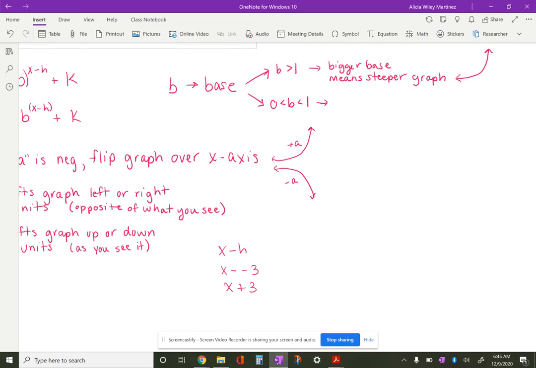So a smaller fraction base means it's going to be steeper. But what's different about this one is it's steeper in this direction over here, meaning this part over here is going to be steeper. So that's a little bit of information about the base. And we'll talk more in 6.4 about what these two types of graphs are called.